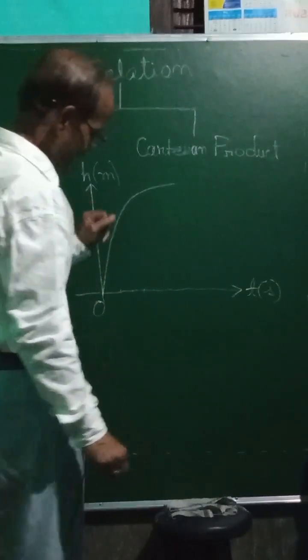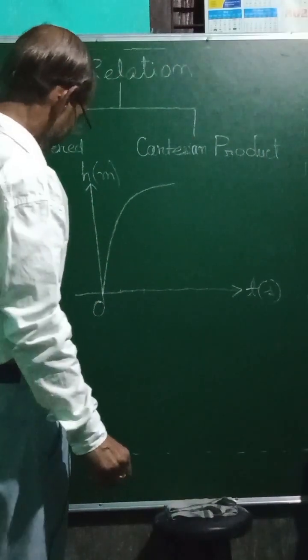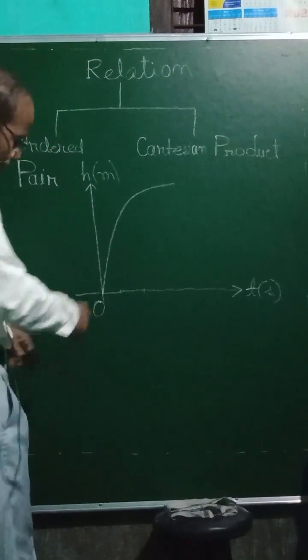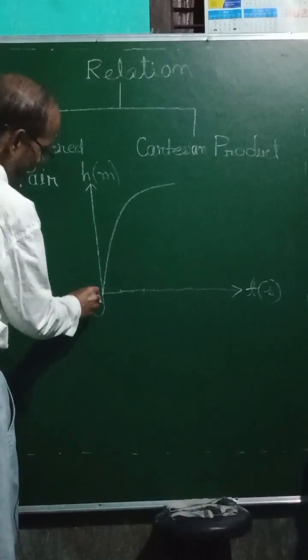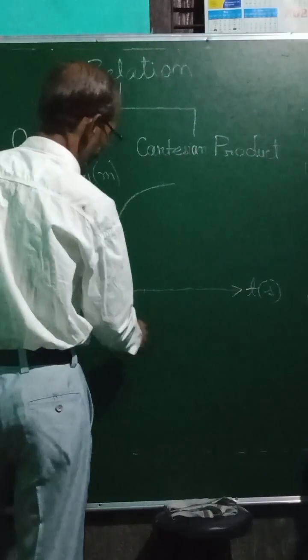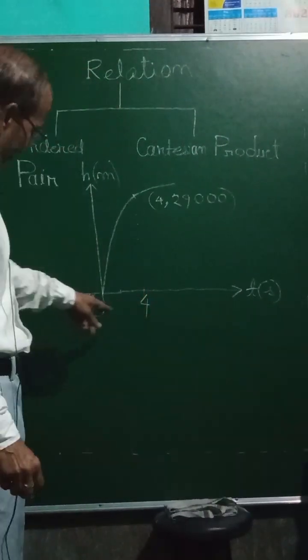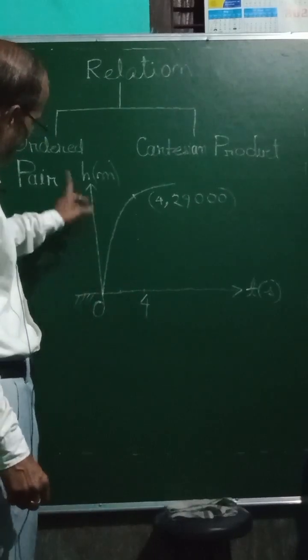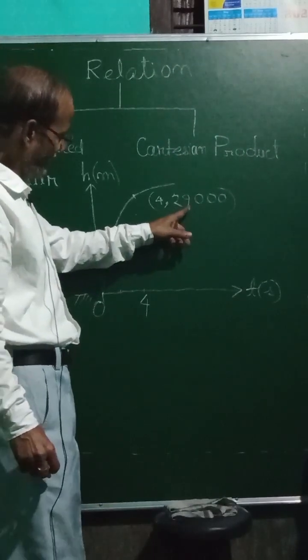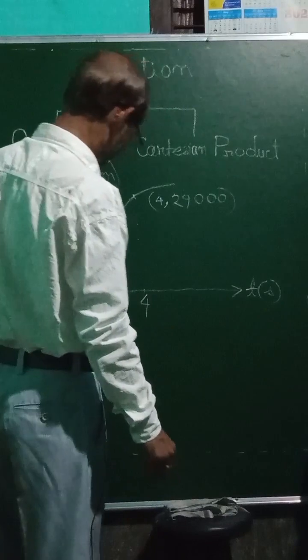Suppose this is the graph of a satellite from the point of projection from the Earth's surface. And this is 4 seconds. See, at 4 seconds, the altitude is 29,000 meters.